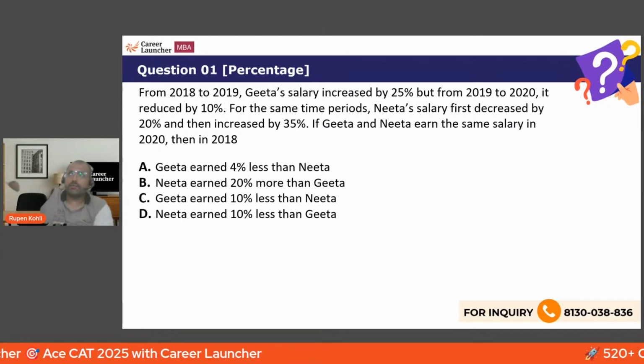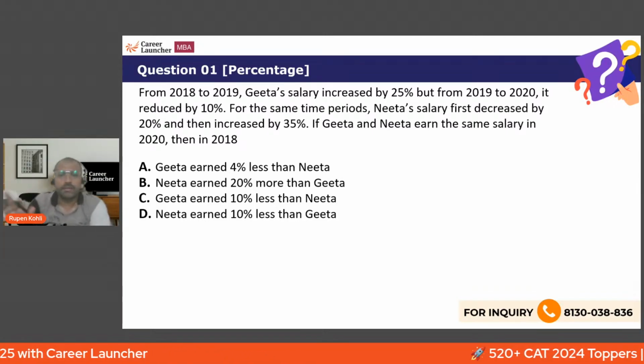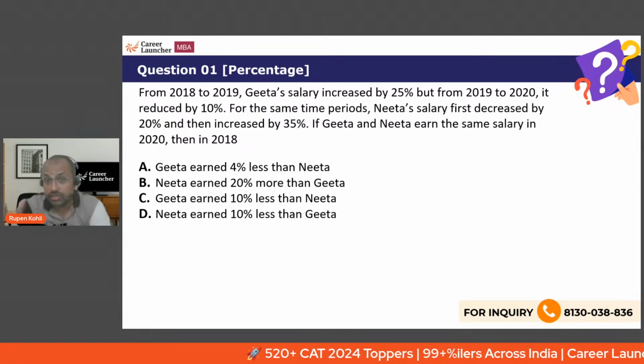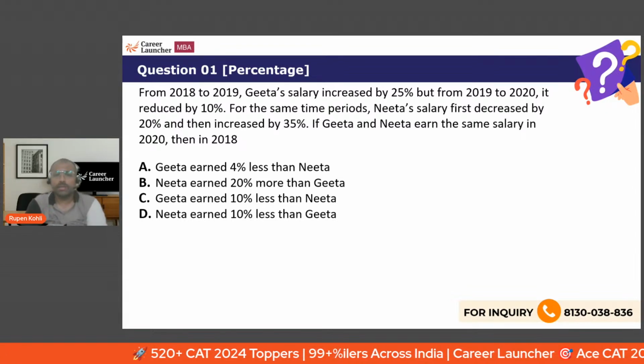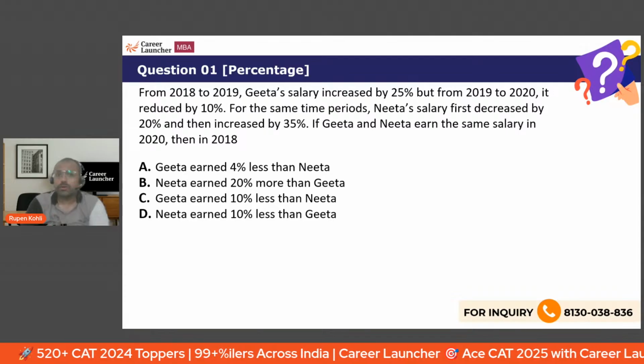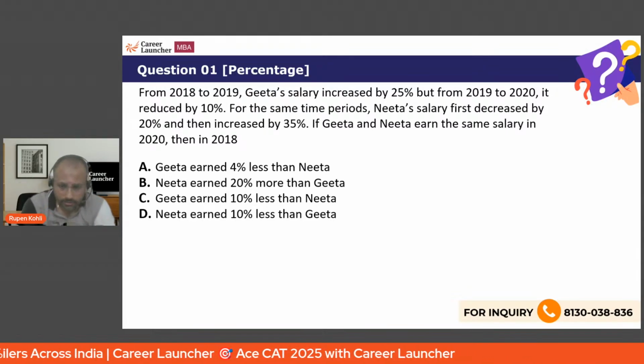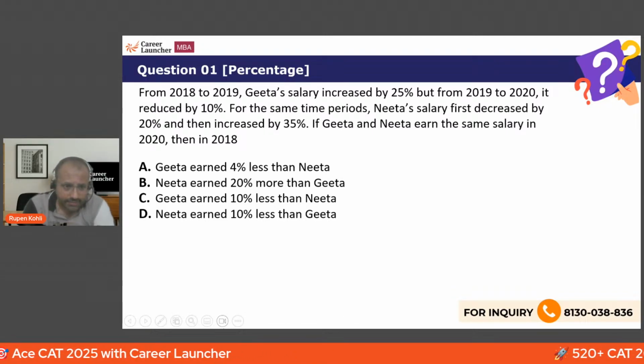So the final values are the same. The initial values have to be compared, and from the initial value to the final value, there's a successive percentage change involved. So clearly, it would be helpful to make use of the multiplying factor idea. Let's say we take x and y for the salaries of Geeta and Nita respectively.